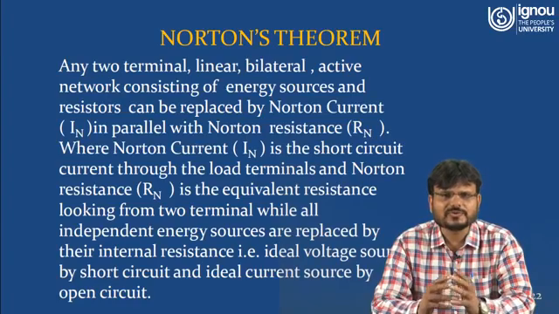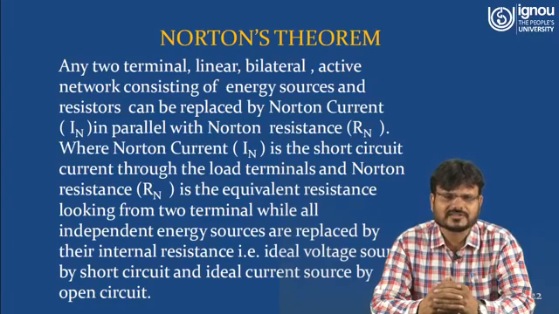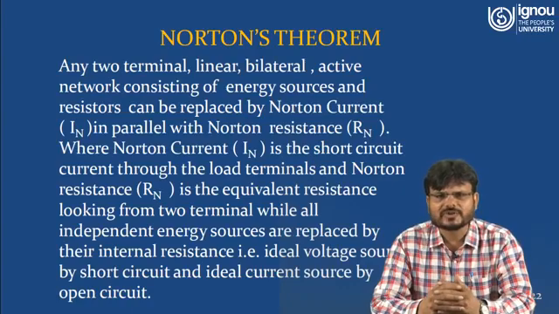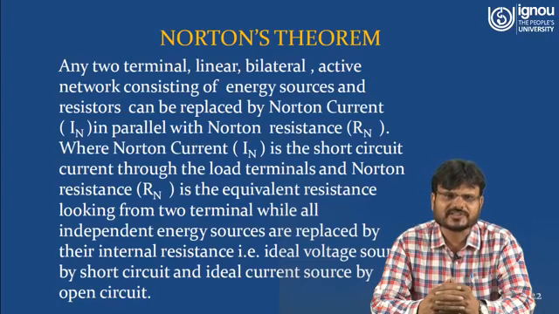That means Norton resistance is the equivalent resistance looking from the two terminals into the network while all independent energy sources are replaced by their internal resistance. Suppose there is an ideal voltage source, then you have to replace it by a short circuit. If there is an ideal current source, then you have to replace it by an open circuit.